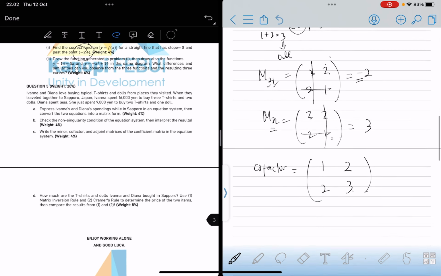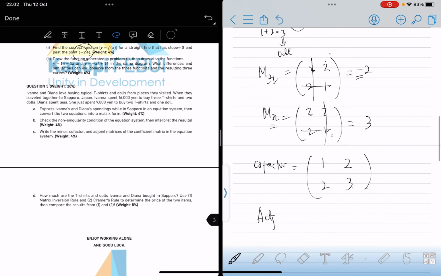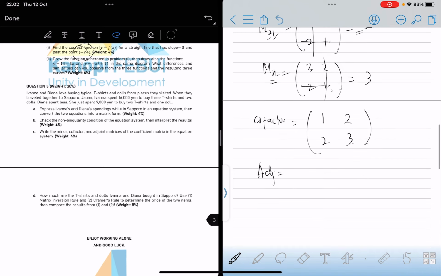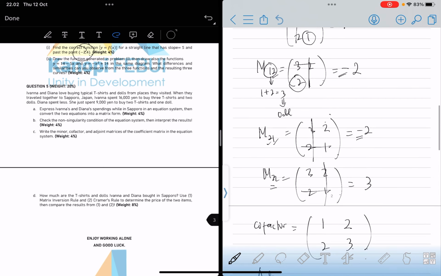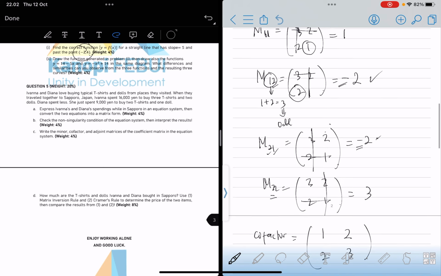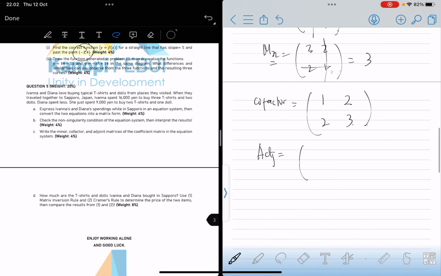And adjoint is the combination of minors, but we should write the exact number, which is if in minor there is minus, so in adjoint we have to write minus. So adjoint is 1, minus 2, minus 2, and 3. Okay, this one is adjoint A.